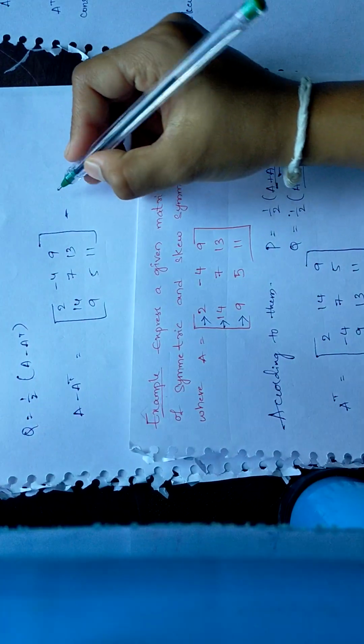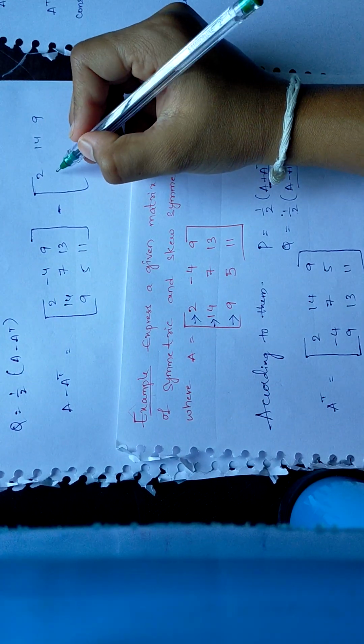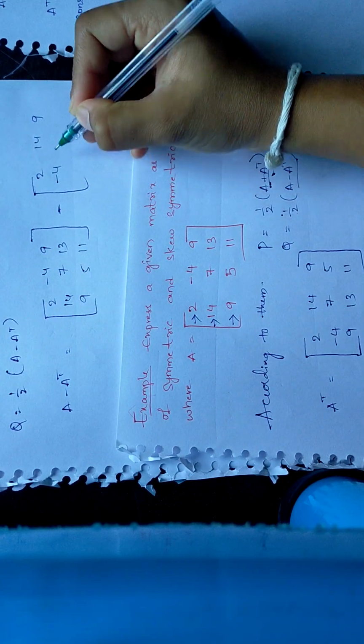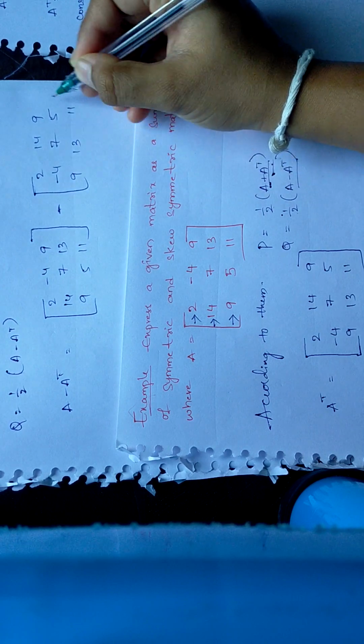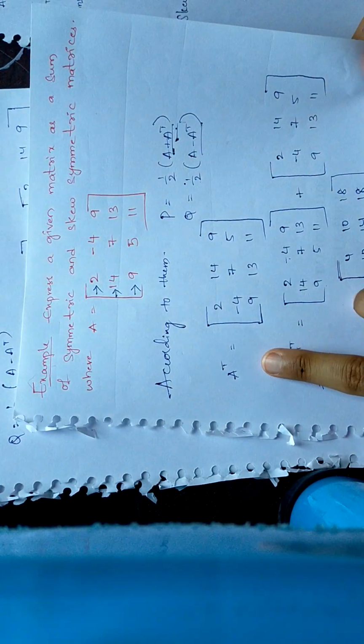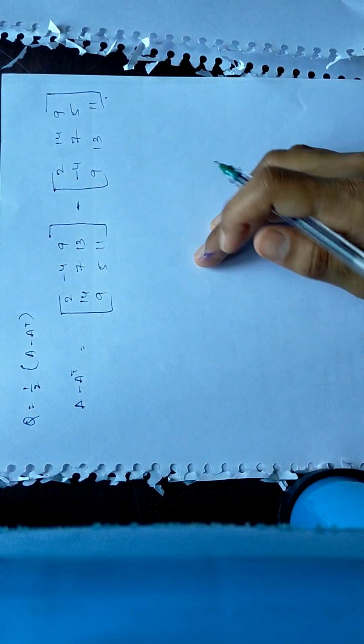So I'll write this matrix here: 2, 14, 9, minus 4, 7, 5, 9, 13, 11. We already found A transpose when doing for P, so A transpose will not change. So I have written the same thing. And now let's solve this one.